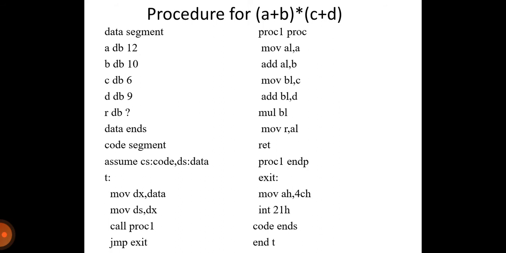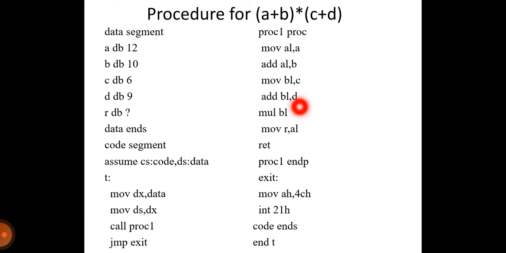Now remember here, see the concept. The first addition is performed and its result is stored in the AL register. The second addition is performed, and its result is stored in BL. Now we have to perform multiplication of the first addition and the second addition. So MUL BL.